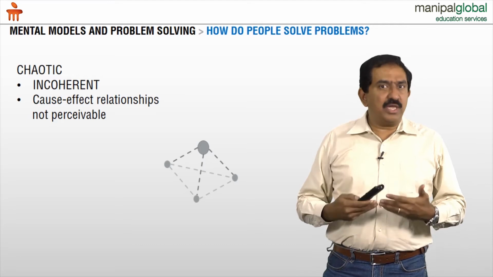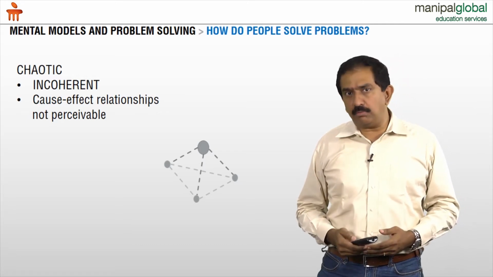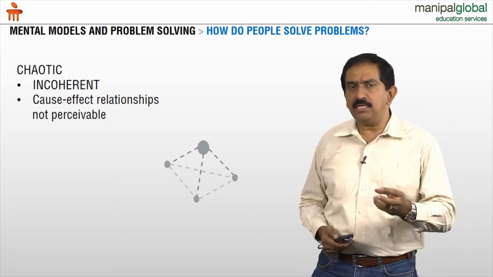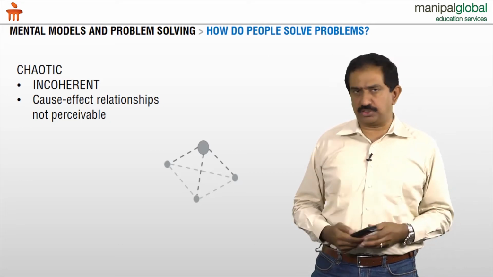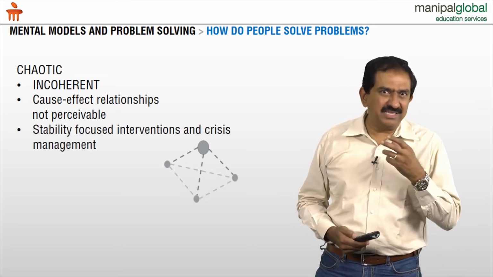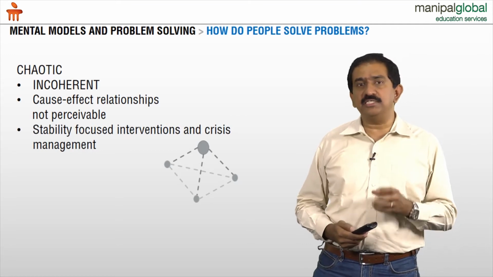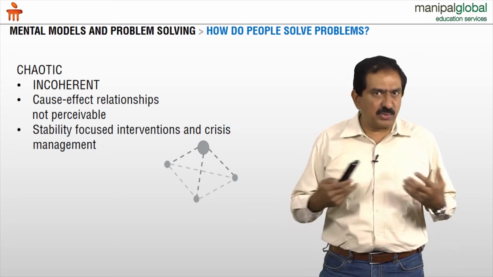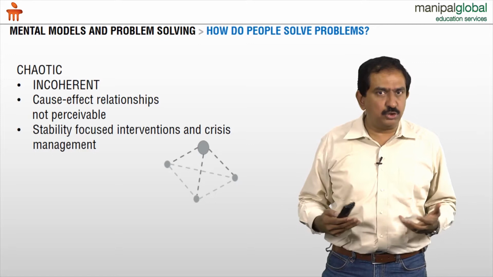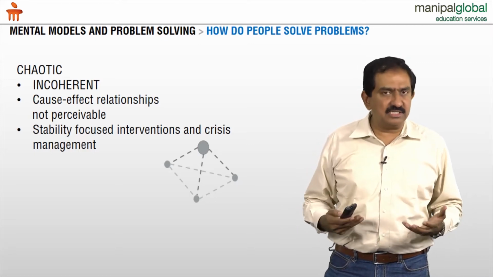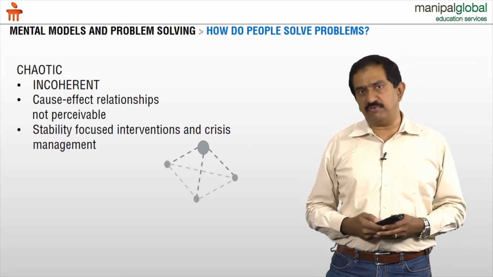And typically the way you would resolve a chaotic problem is to somehow bring order out of chaos. That means to bring stability into an unstable situation. So in this case, when I have a fever, the first thing I do is to take some medicine to reduce my fever.